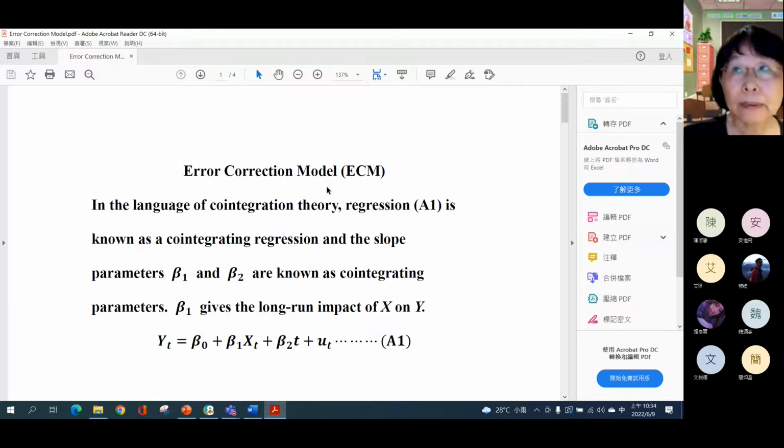You all get it from the line, and I also put it on the class e-learning system. So you may download this one. This is not in our textbook, but this concept is important after we do the co-integration models.